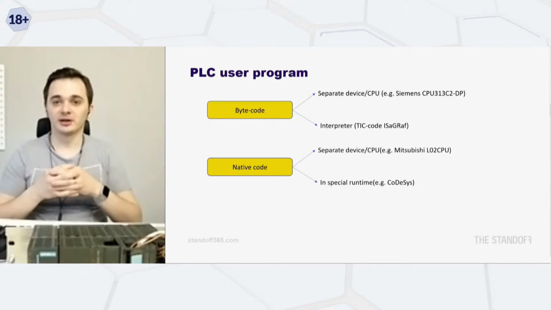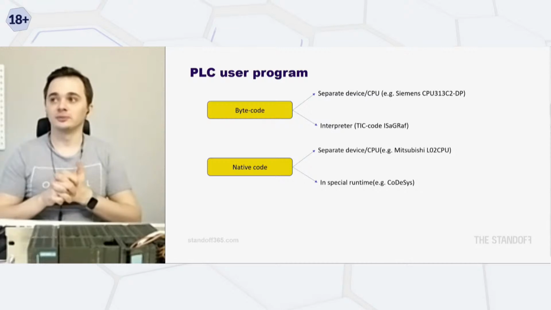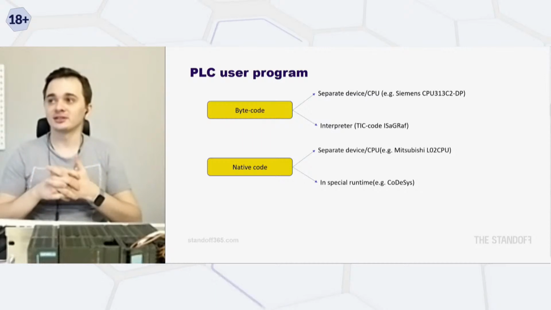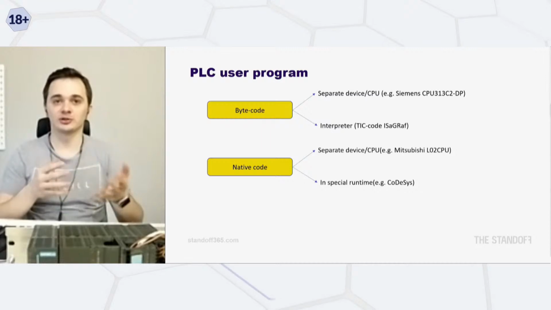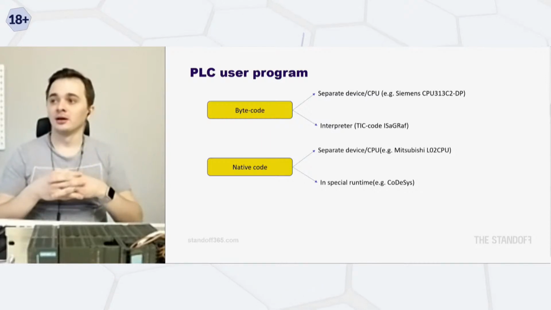When the program is compiled into bytecode, like with Java, it can be executed on a particular processor. We have already seen a case with the Mitsubishi controller. Here I'm referring to a Siemens CPU.